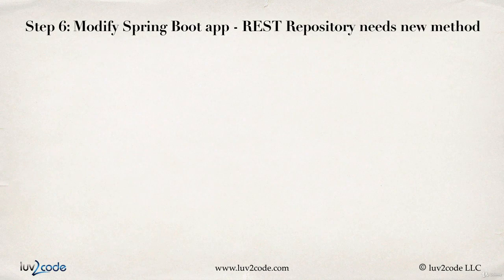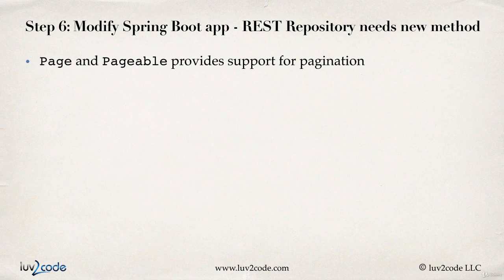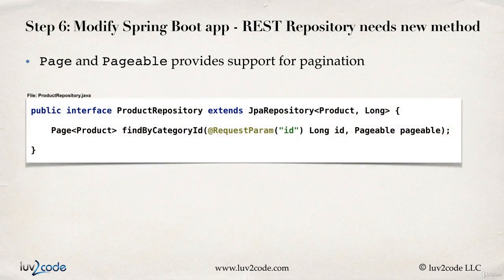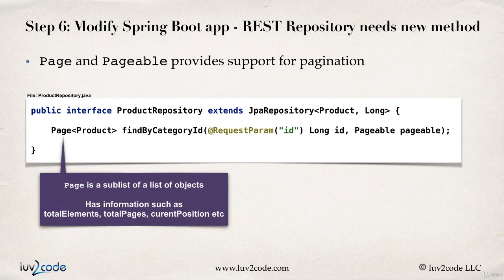All right, now a bit more on this method, as far as some other items that I didn't discuss yet. Page and Pageable. These items provide support for pagination. In this method definition, note on the left-hand side it has Page of Product. A page is a sublist of a list of objects. Think, you have 1,000 objects out there, and you only want the first 10 or first 20. That's a page. It's just a small list.